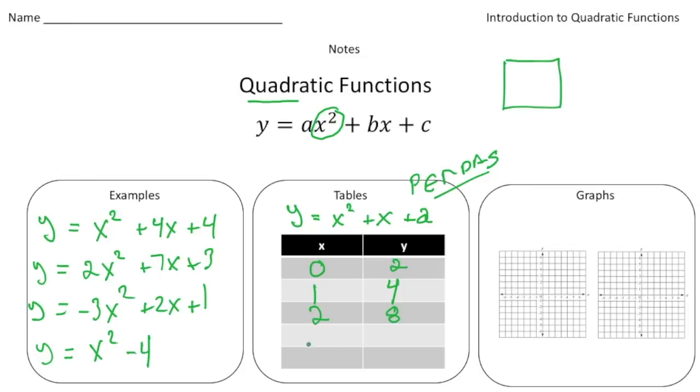And let's go with a negative value. How about if x is -1? Well, -1 squared is 1, plus a -1 is 0, plus 2 is 2. And let's go with a -2 for x. -2 squared is 4, plus -2 is 2, and then plus another 2 is 4.